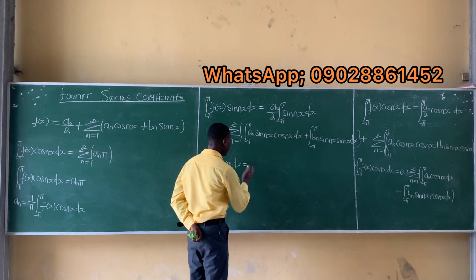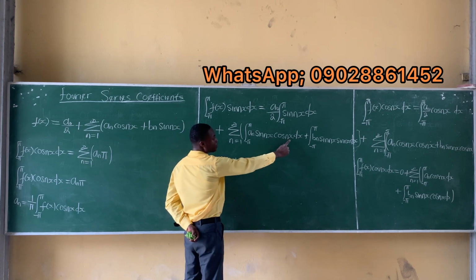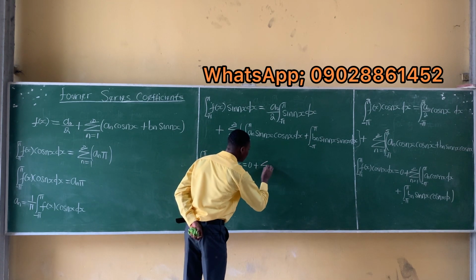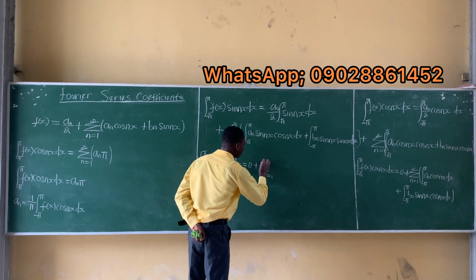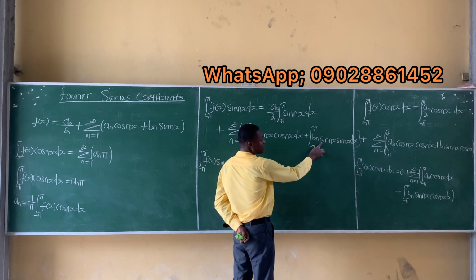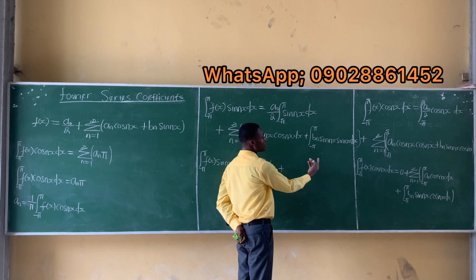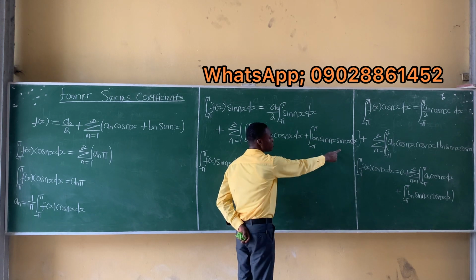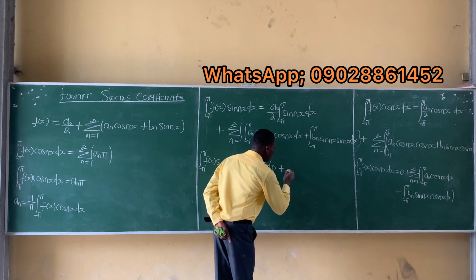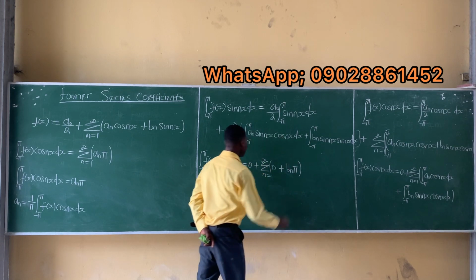So 0 times a naught over 2 is 0, plus if you integrate sine nx cos nx over a single period, you still have 0, plus the sum as n equal to 1 to infinity of 0 plus sine nx will give us sine square nx, and the integral from minus pi to pi of sine square nx from the integral of periodic function is pi. So we have plus b sub n pi. So this is what we have.